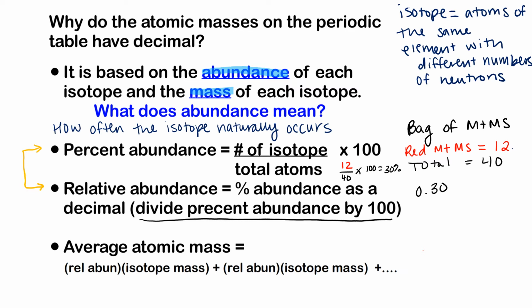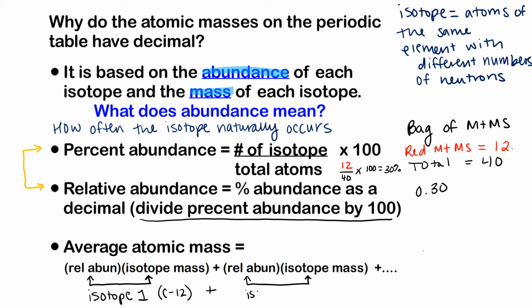Now, when we're solving average atomic mass problems, it's really important to make sure that your abundances are written as a relative abundance, because you're going to take the relative abundance of an isotope and multiply it by its mass. This is in reference to one individual isotope, for example, carbon-12. Then we're going to do the same for however many isotopes exist of that element.